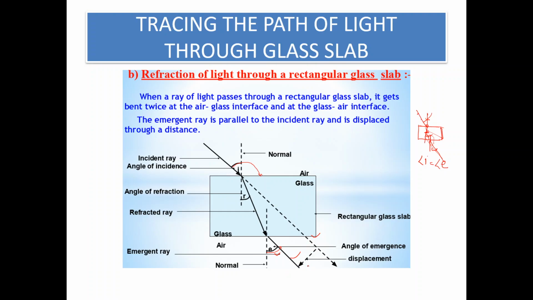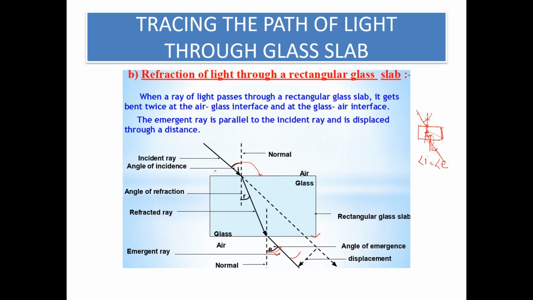It is always parallel, and the perpendicular distance between this incident ray and this emergent ray is called the lateral displacement. There is lateral shift in the path of the light. Followed? This shift is called the lateral displacement.